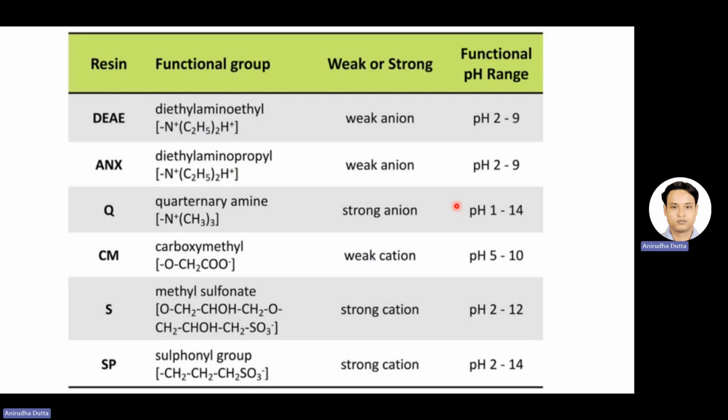So as you can see, these matrices are really stable over a big range of pH. You can choose any pH in between this functional range.